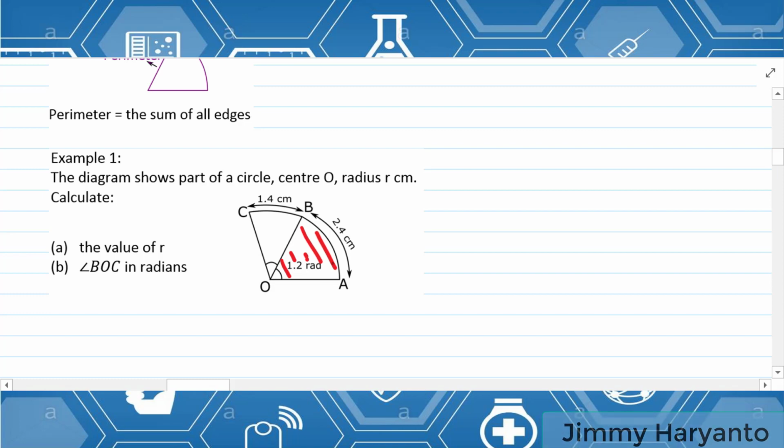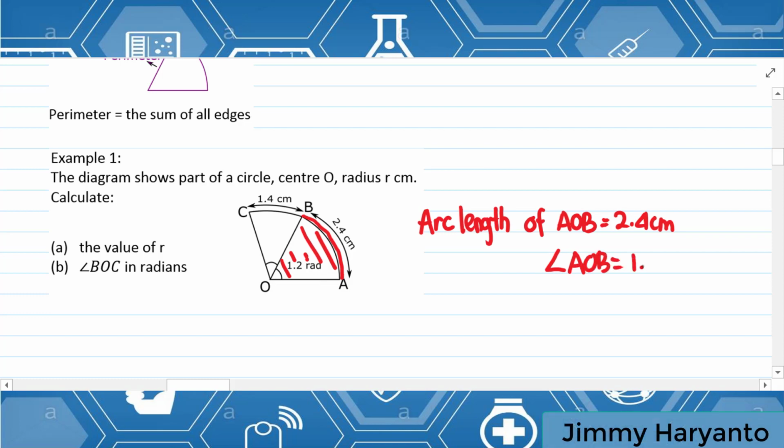Maybe I will use this one first. AOB first. For AOB, we are already given the arc length. The arc length of AOB is 2.4 cm, this one. It also gives us the angle of AOB, already in radians, so it matches.